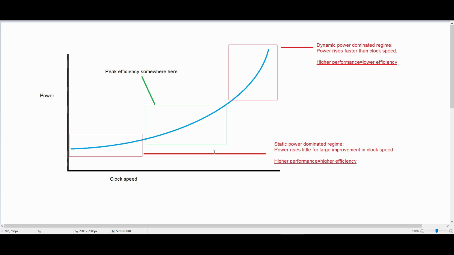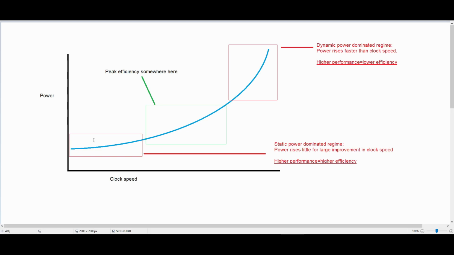So we end up with basically 3 regimes. We have a peak operating efficiency somewhere in the middle here. There's a balance between the static power and the dynamic power. At the low end, we have a static power dominated regime, so the clock speeds are quite low and the static power dominates, and if we go very high, the dynamic power dominates because we need to drive up the voltage to keep the clocks.